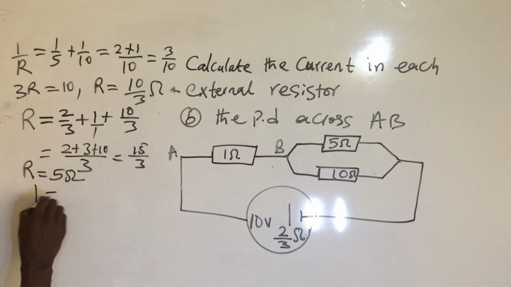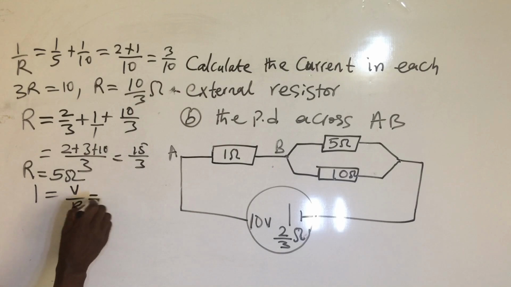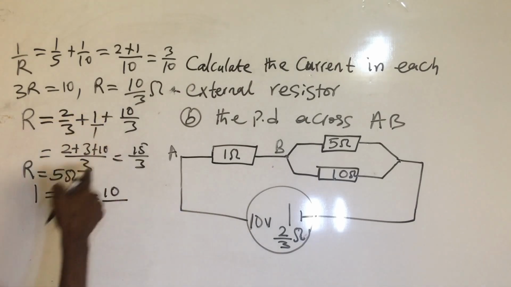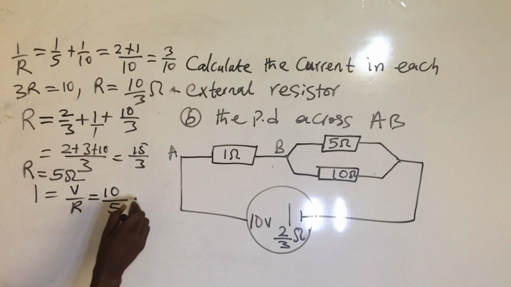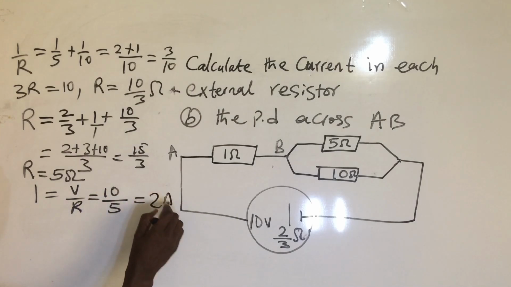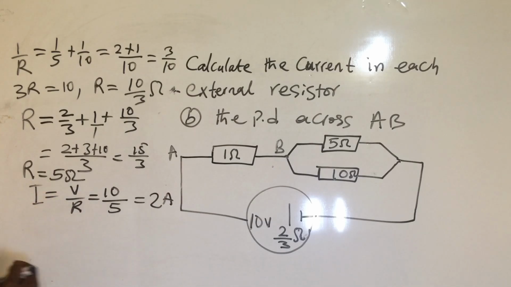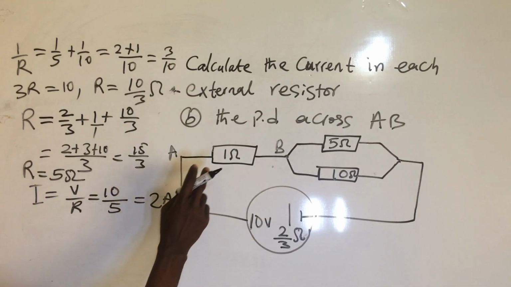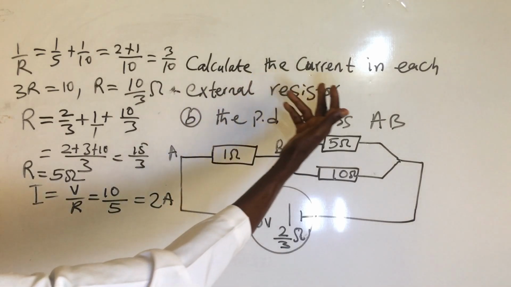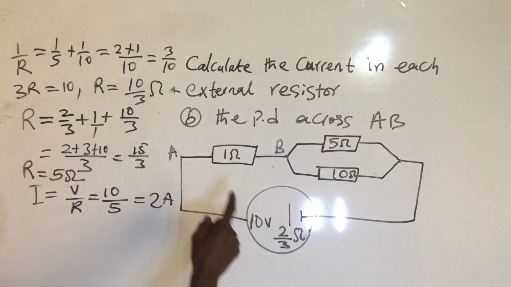The current will be V/R, where V is 10, all over R, the total, which is 5. So 10 divided by 5 is 2 ampere. So the main current passing through them is 2 ampere. Now we start to calculate the individual current passing through each resistor.